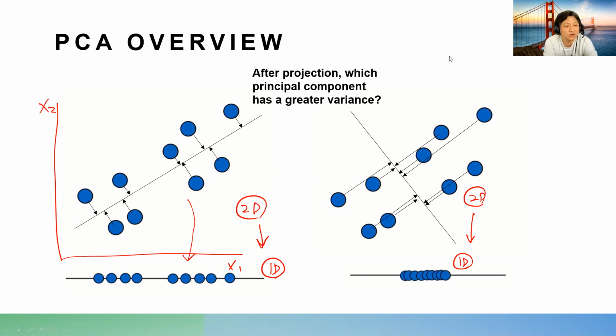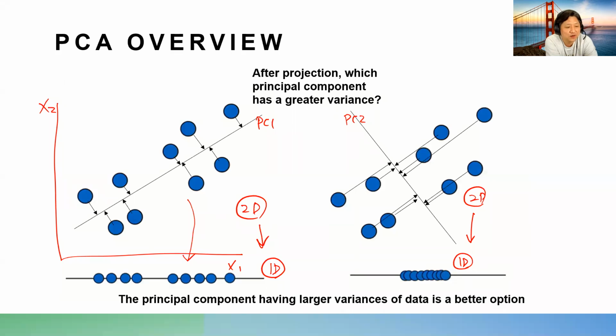And then after projection, which principal component has a greater variance? So this is PC1, this is PC2. The principal component having larger variance of data is a better option. So which principal component is a better option, 1 or 2? 1, right? 1, because 1 has a larger variance.